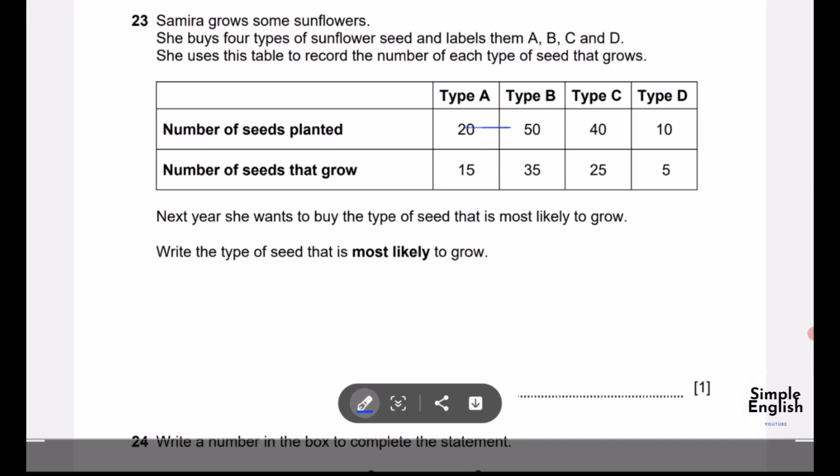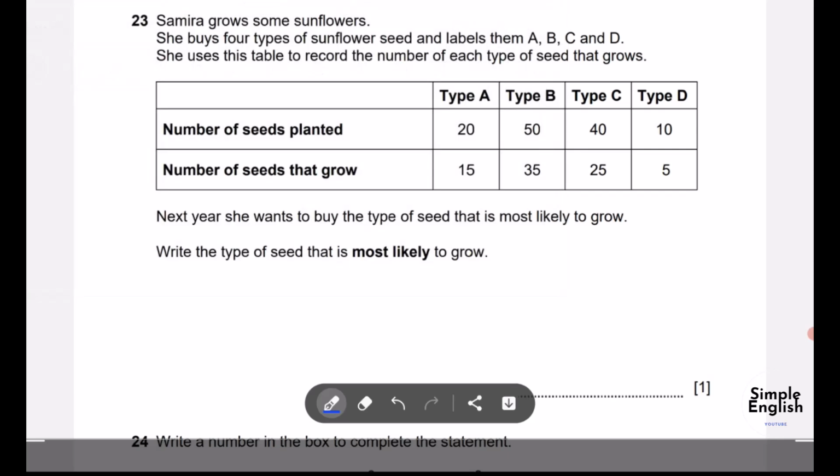How about type A? Type A, we take 15 over 20. So 15/20, times 100%, right? That's 75%. How about B?